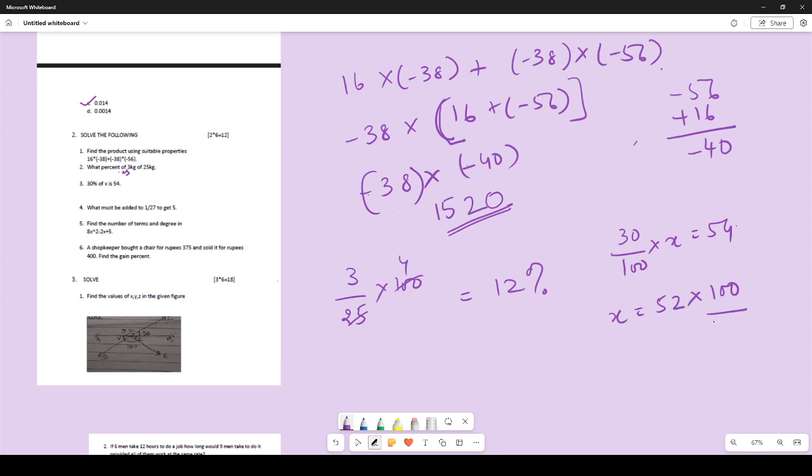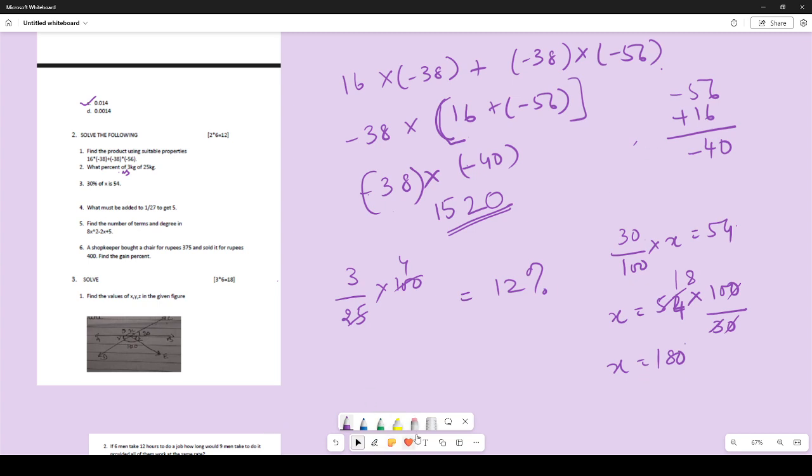So what you have over here is this. Okay, so 30% of a number is equal to 54. So 3 18s 54, and the number that we get is 180, right? So that would be your answer.